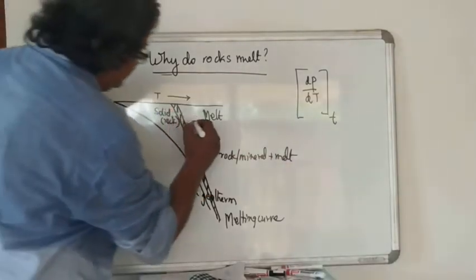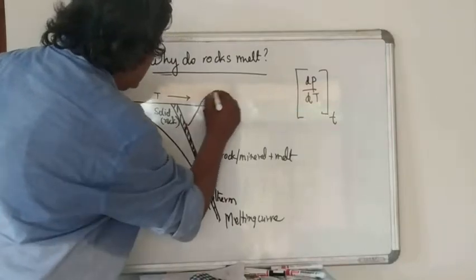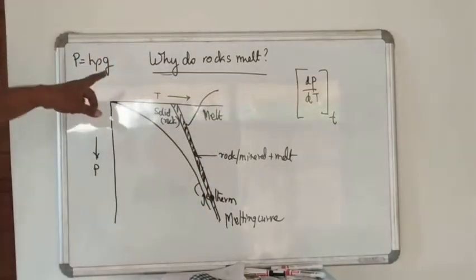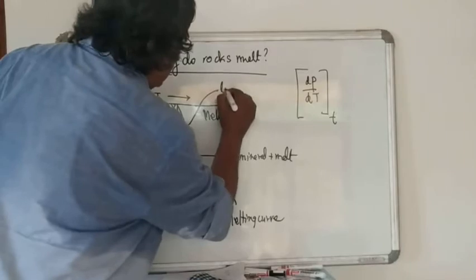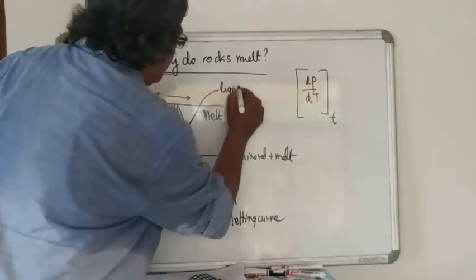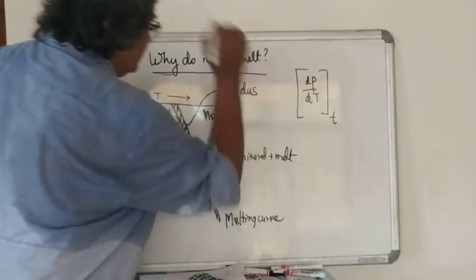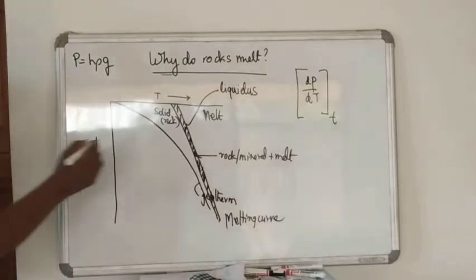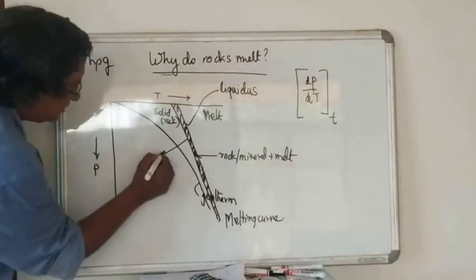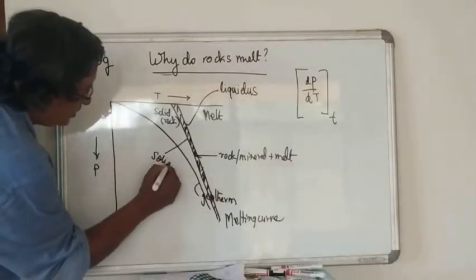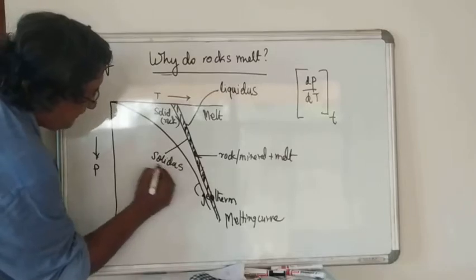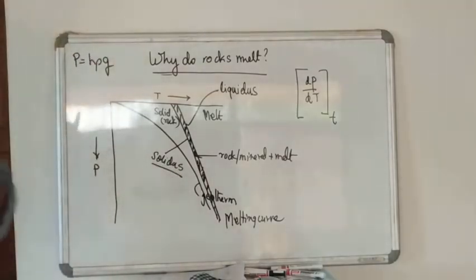This line, just see this line? It is called the liquidus. We will come to this later on. Liquidus. And this line here is called the solidus. What is it?